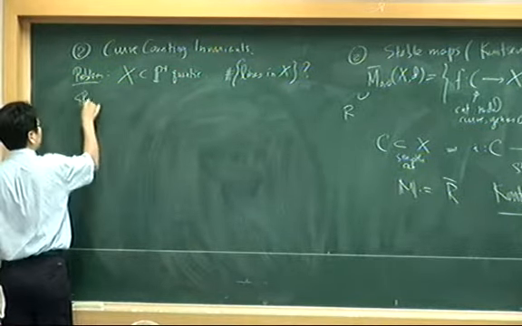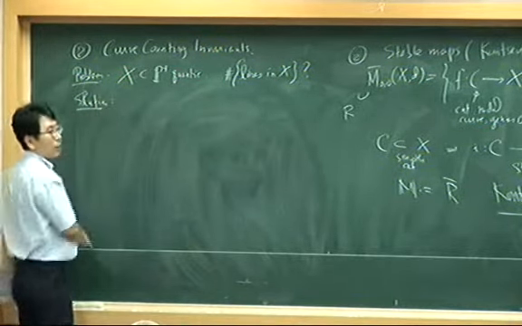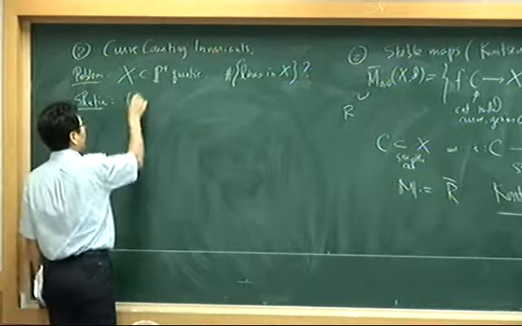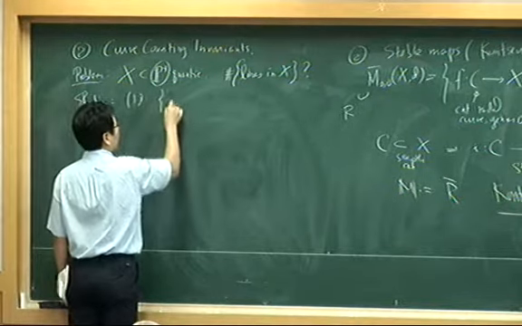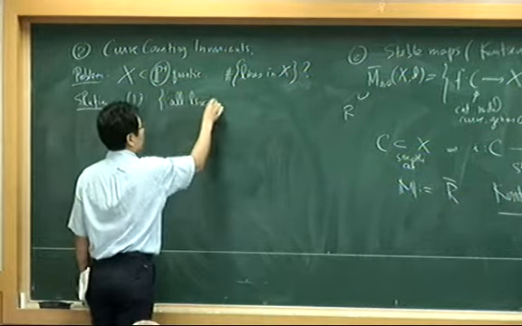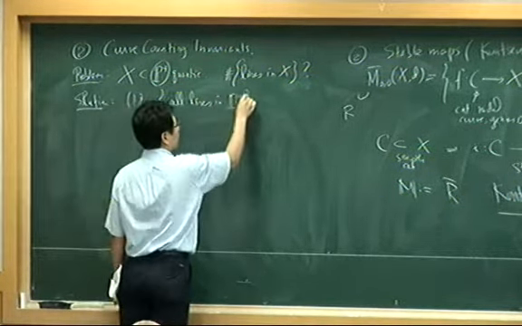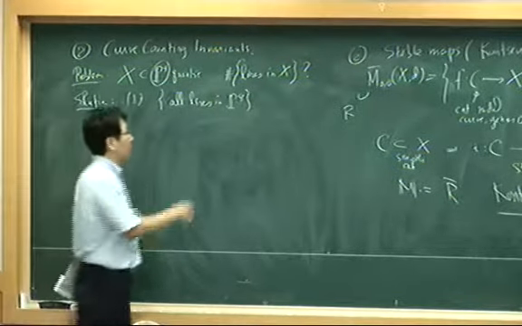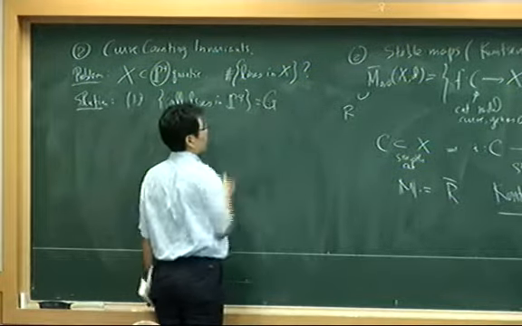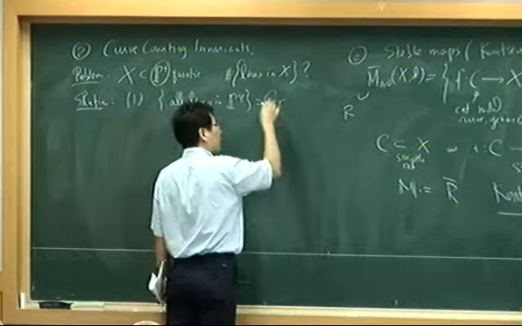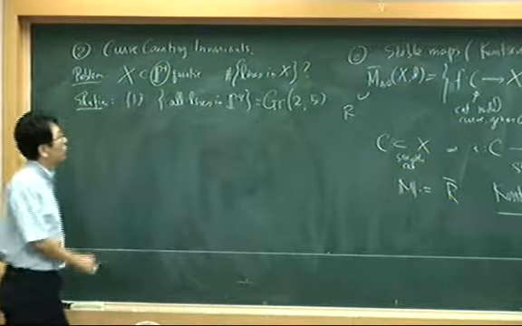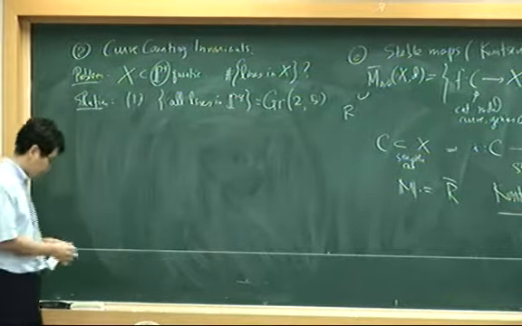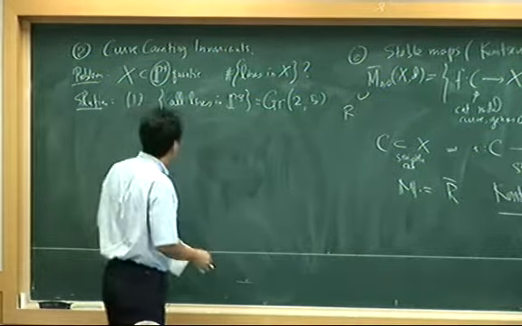So how do you solve this problem? In step 1, we ignore X. We think about P4 and find all lines in P4. As everybody knows, the set of all lines in P4 is the Grassmannian of two-dimensional subspaces in a five-dimensional vector space, GR25.